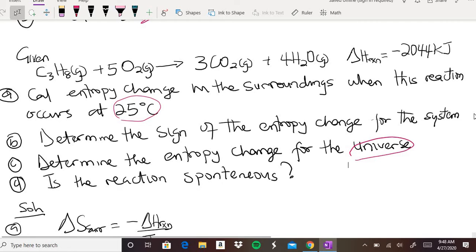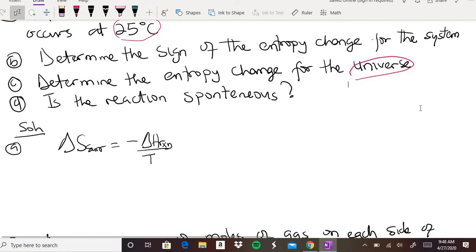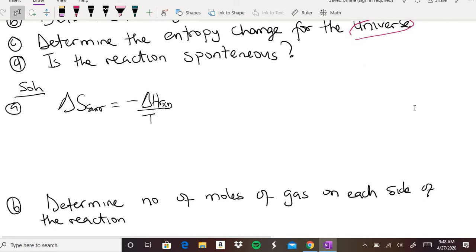So to calculate the entropy change for the surrounding, our delta S surrounding is given as negative heat of reaction over the temperature.